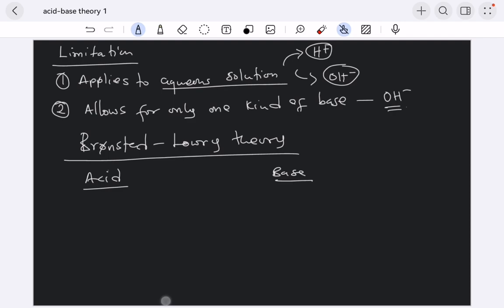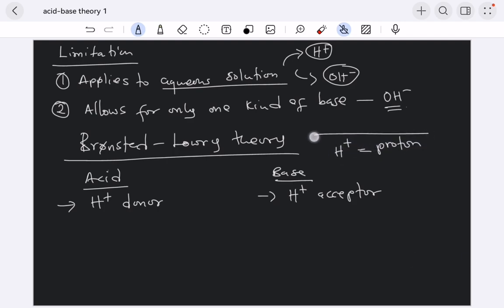So here, an acid is defined as a proton donor. Then a base is defined as a proton acceptor. So H positive is known as a proton. So according to Bronsted-Lowry theory, an acid is a proton donor and a base is a proton acceptor.